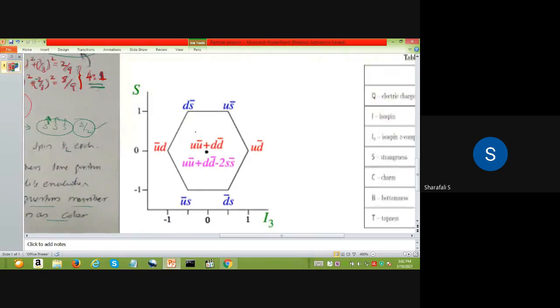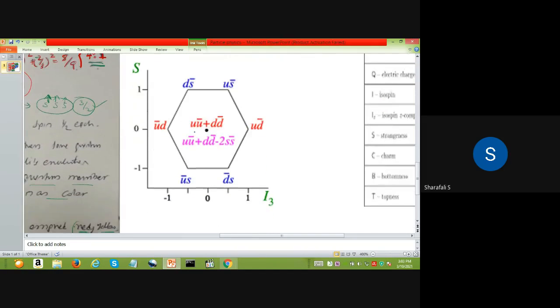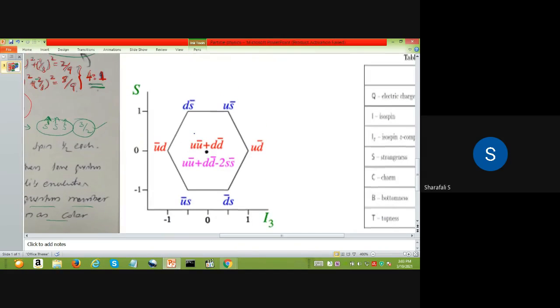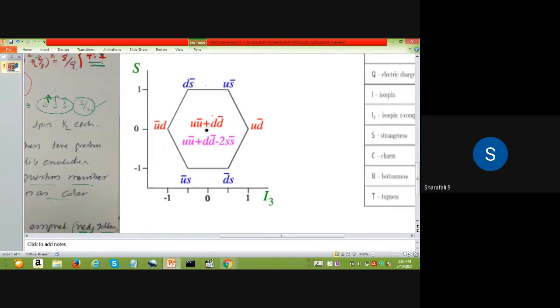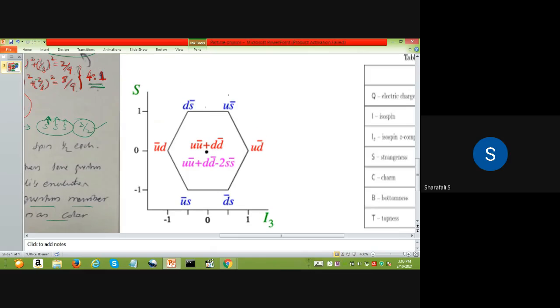Now I will show you the previous diagrams we discussed when we covered the eightfold way. We discussed these particular mesons. We have quark and anti-quark pairs, as you can see, for all those mesons.